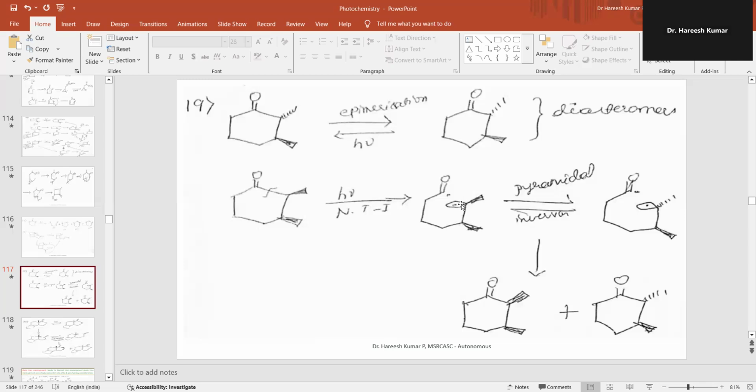Because of this pyramidal inversion, the stereochemistry changes. What is the stereochemistry here? Cis-cis is the stereochemistry. Obtained ones are cis-cis in addition to trans. That's the reason it's called epimerization. Okay, so I will stop at this stage and I will continue in the next class.